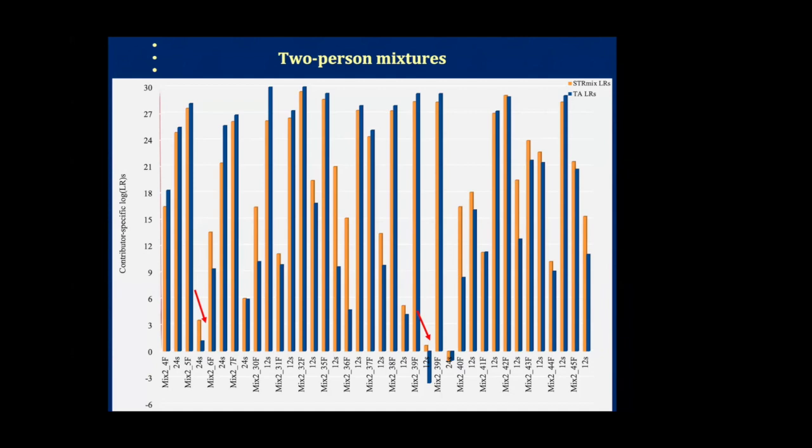For mixture 25F, the lower template contributor shows a very small but positive log LR for STRmix, and it's in the inconclusive range for TrueAllele. And for mix 39F, the low template contributor shows the inconclusive range for STRmix and slightly in the negative exclusionary range for TrueAllele. Okay, next slide.